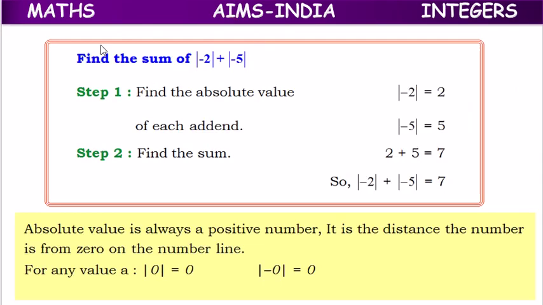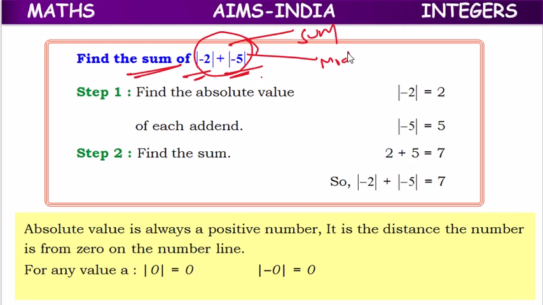Next, find the sum of modulus of -2 plus modulus of -5. Before finding the sum, we have to find their modulus, or their absolute value, separately. Then we can do their sum.